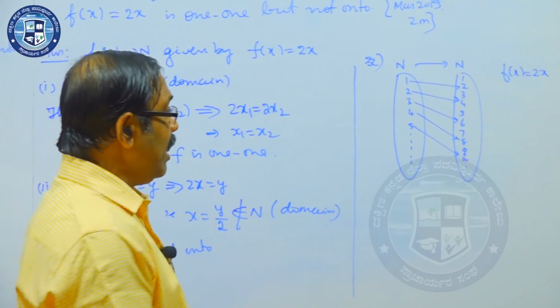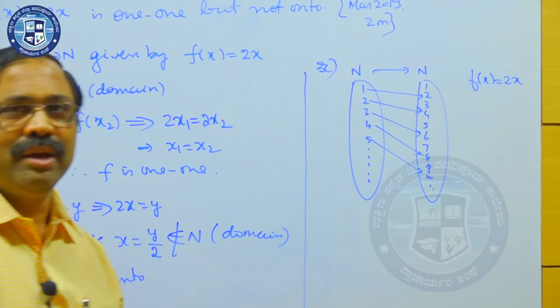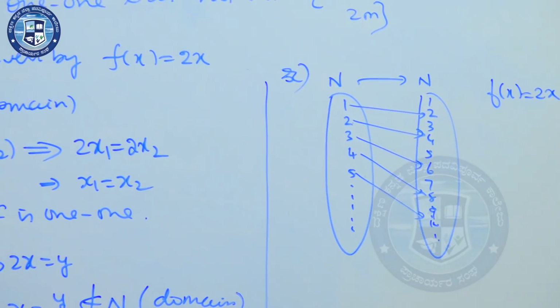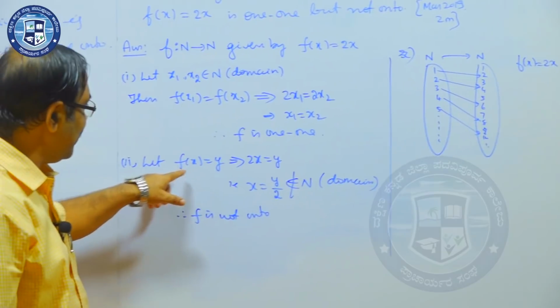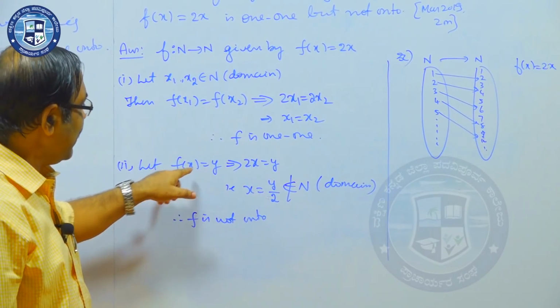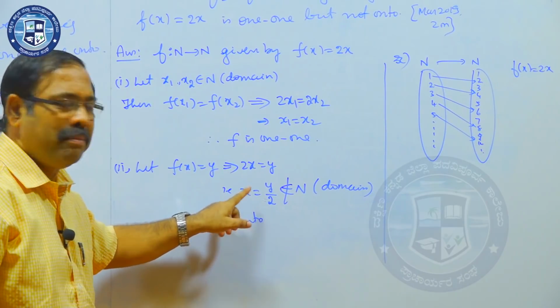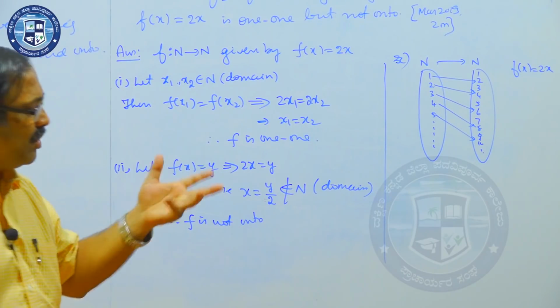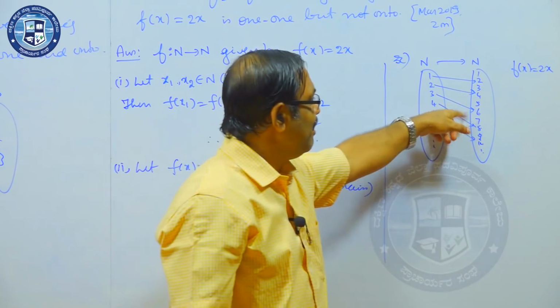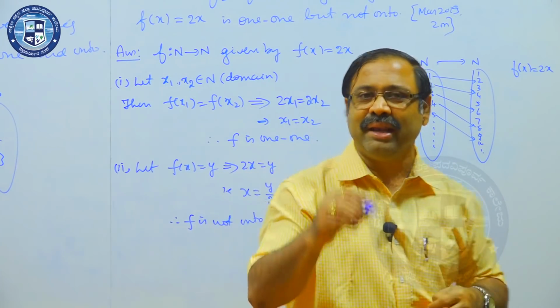But what about onto? See, here I have written f of x is equal to y. Theoretically, I have identified an element y in the second set. Thus, I am getting x, but it is not belonging to N. So, why is it not onto? It is very clear now in this case.